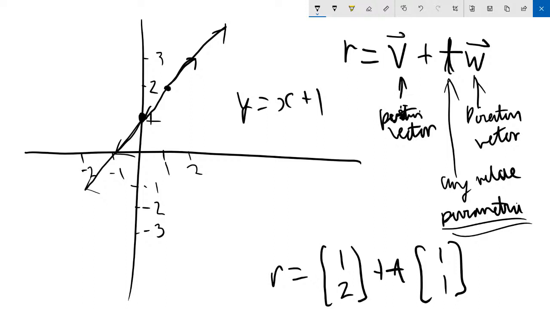Then you have to notice one more thing, which is that there's no unique vector equation for any line, because you can have a multitude of position vectors as your starting points. You could start at 1, 2. You could have started at 0, 1, at negative 1, 0, or at negative 2, negative 1. Any of these points you could have started at.